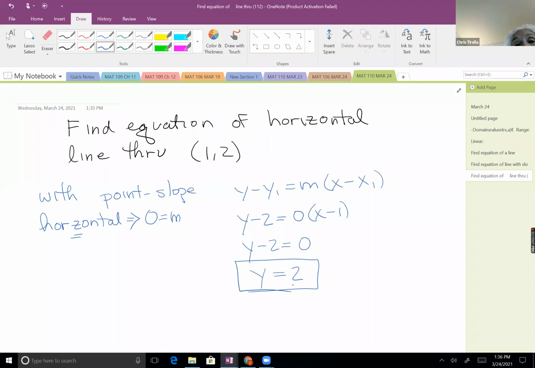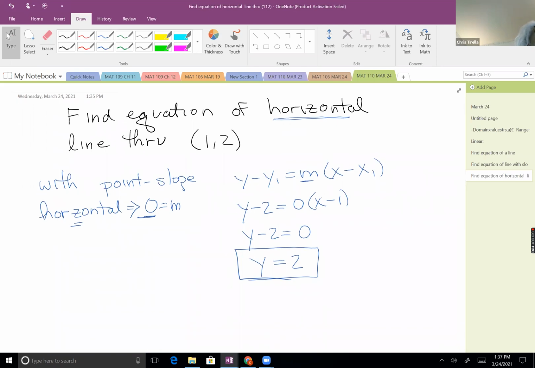And does it make sense? Anytime I have a horizontal line, my slope will be 0, and when I multiply by 0, the right-hand side of the equation will disappear. And so we don't need to replicate this work if we can just remember that a horizontal line is that constant function. The y value is always the same.